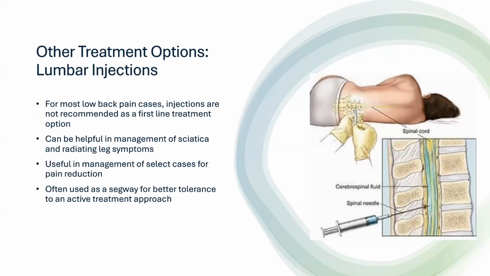A big one that we see often is if you're dealing with more sciatica or radiating leg nerve type symptoms, where there's maybe some more specific locations where we know an issue is. These can be a really powerful tool for getting pain under wraps.